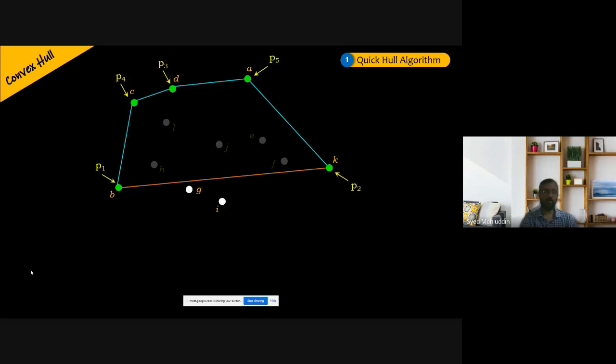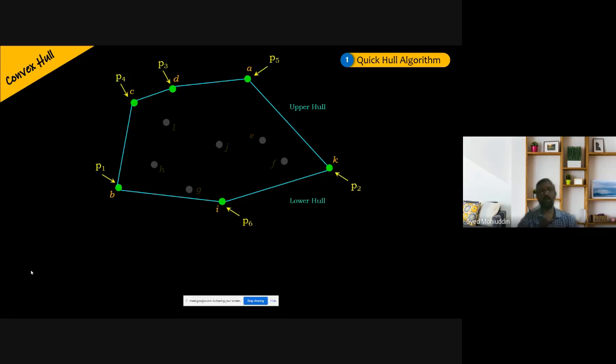Then we have the lower hull. In the lower hull, we can take G, but G is not the extreme point. So in the lower hull, we take I as the 6th point, and then form a triangle between P1, P2, and P6. Now point G is coming inside, so point G is not an outer extreme point. So that is eliminated, and now we have the convex hull.